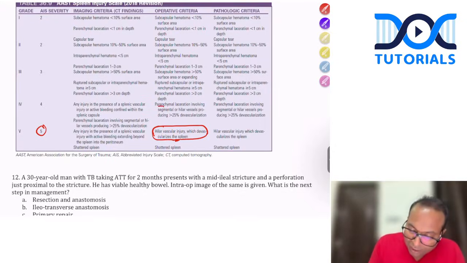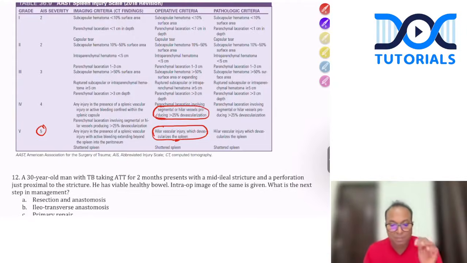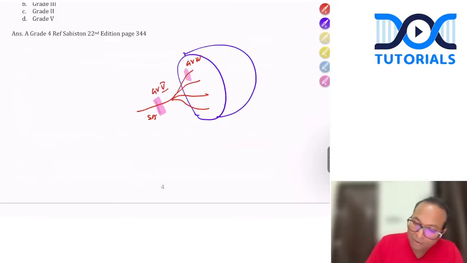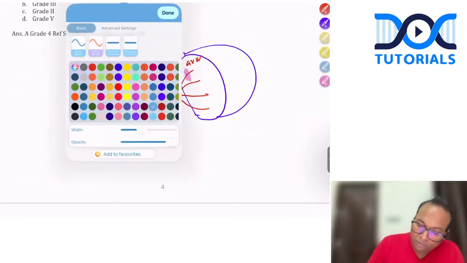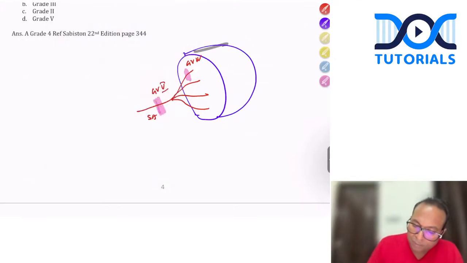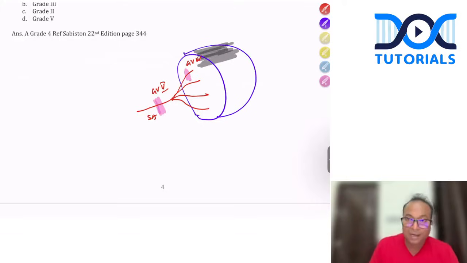Parenchymal laceration involving segmental or hilar vessels producing more than 25% devascularization. So if there is devascularization of around 25%, it means this much of the spleen has gone for devascularization.